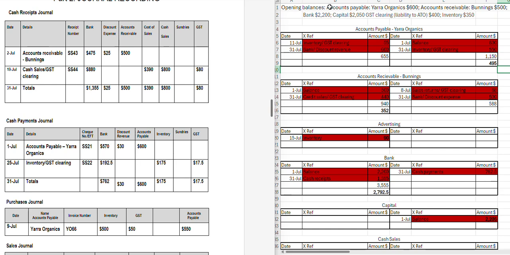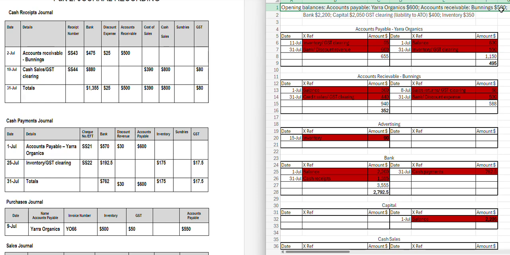Okay, so looking on the right here, we've got some opening balances that we need to record in the general ledger. Let's work our way from left to right. We've got an account payable to Yarra Organics for 600.